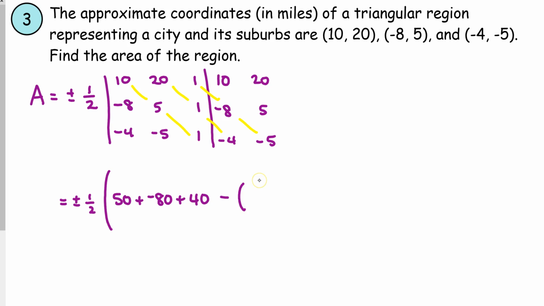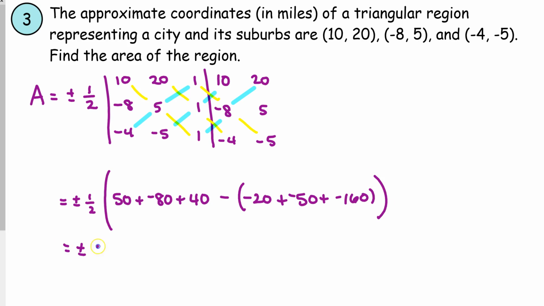Now we're going to subtract, and then from the other diagonals we have 1 times 5 times negative 4, that's negative 20. Ten times 1 times negative 5, that's negative 50. 20 times negative 8 times 1, that's negative 160.